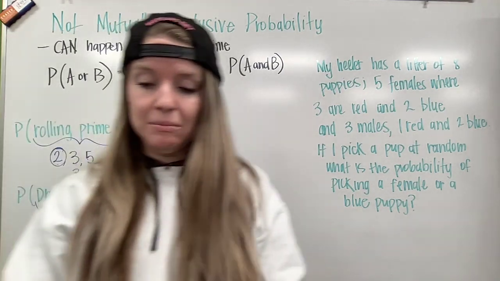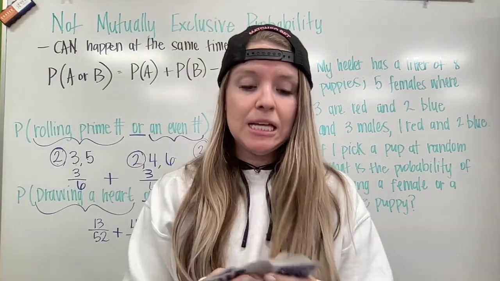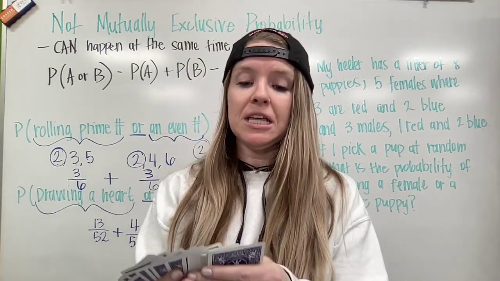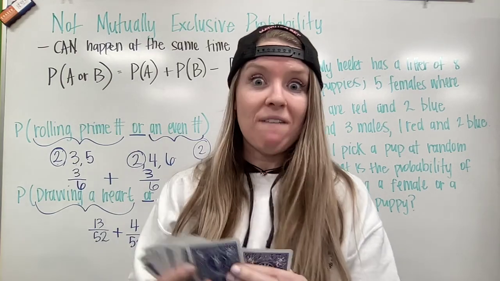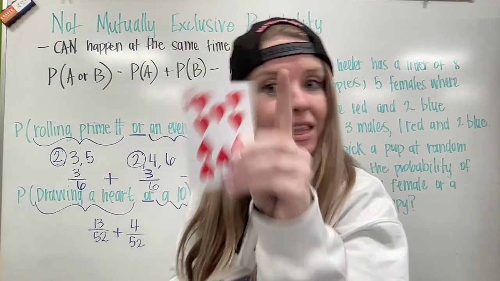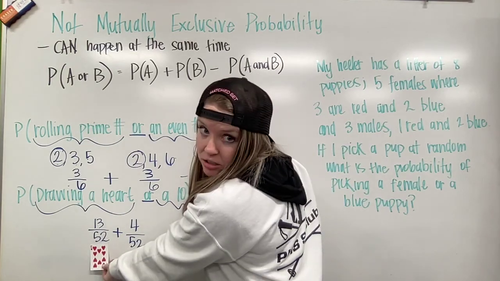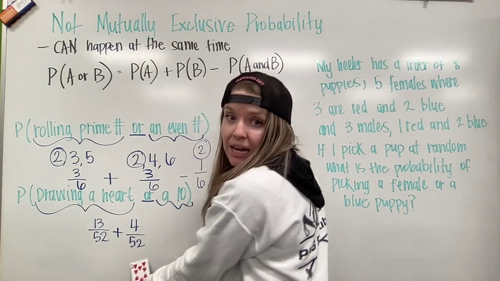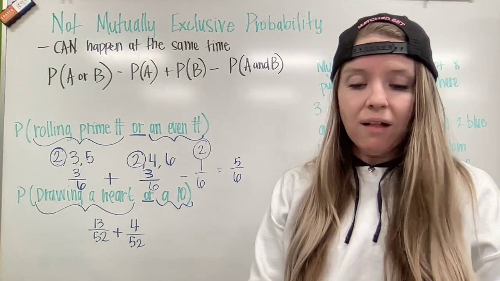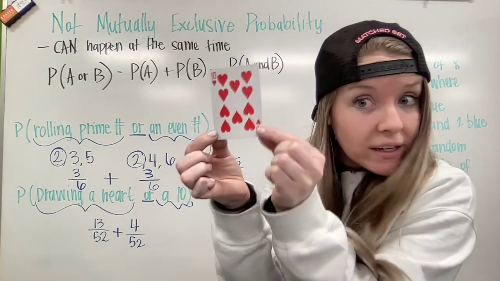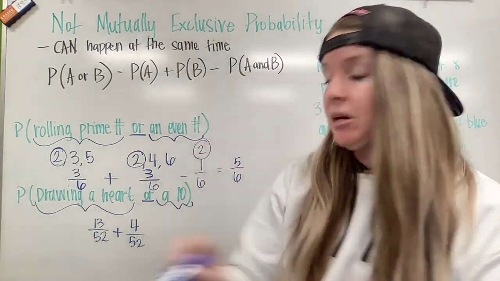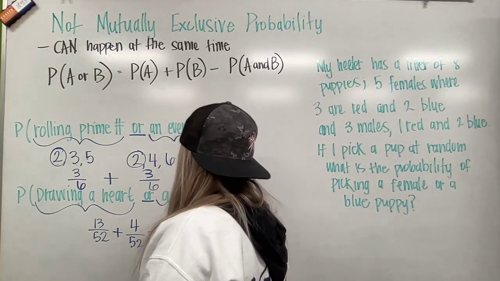The problem here is one of my cards that I just double counted, the 10 of hearts. I counted it here as a heart, and then I counted it here as a 10. So I have one card that repeats. I'm going to come in and subtract the repeat.